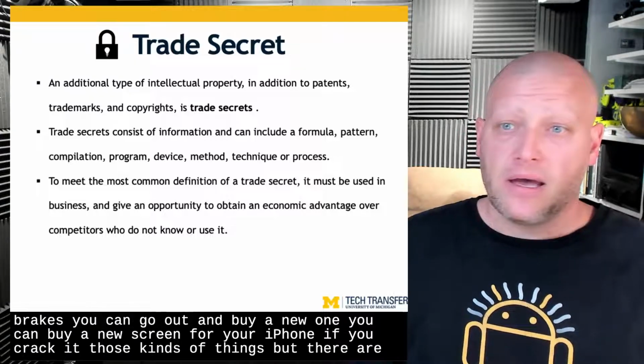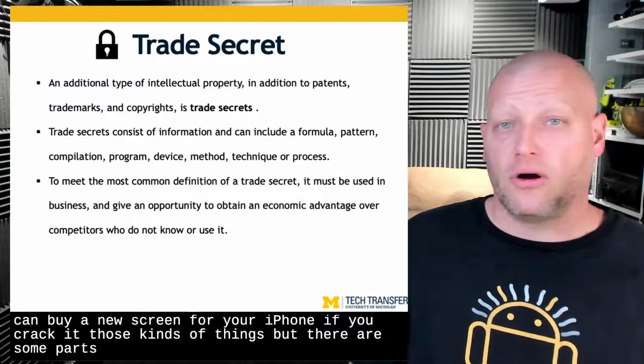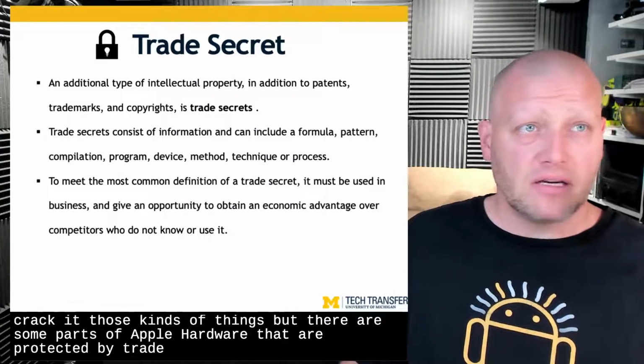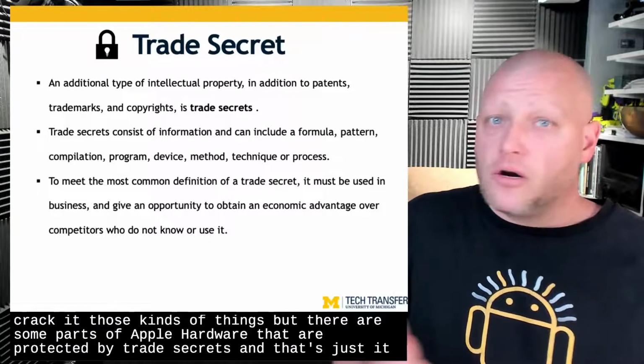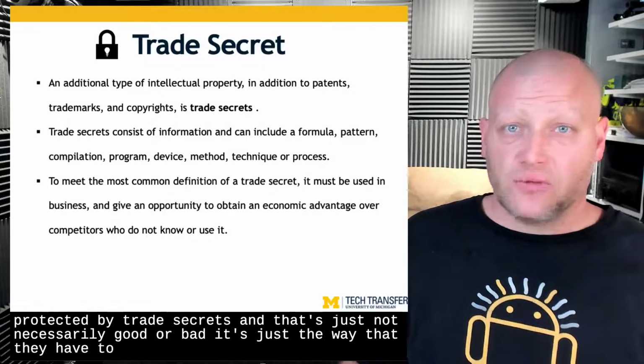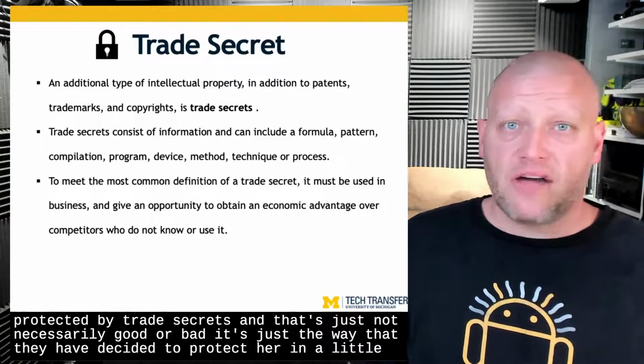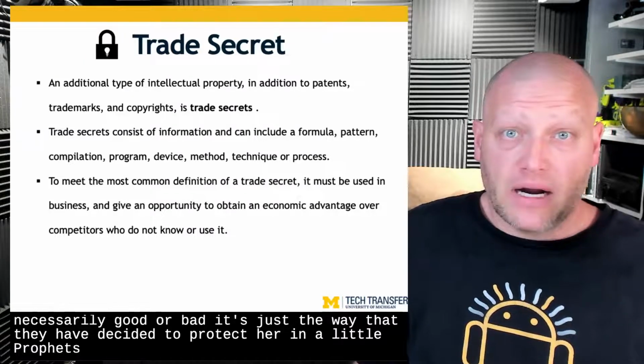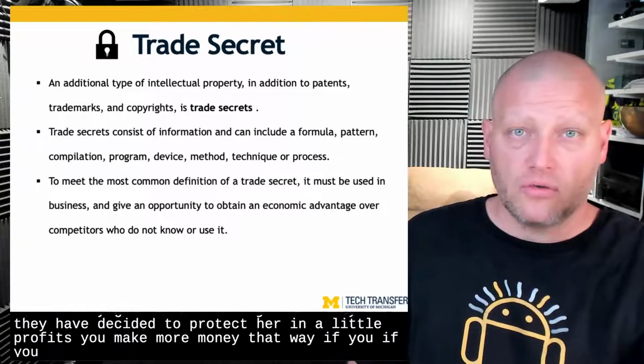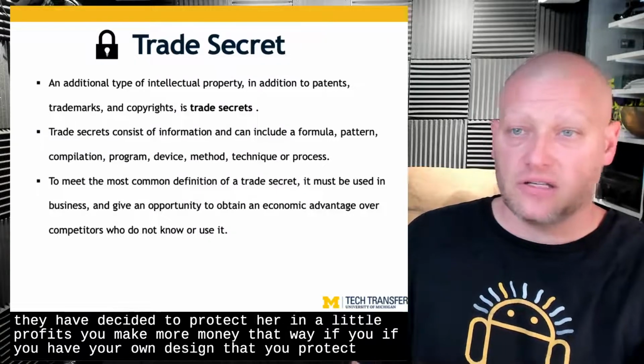But there are some parts of Apple hardware that are protected by trade secrets, and that's not necessarily good or bad. It's just the way they have decided to protect their intellectual property, and the way they've decided to make profits. You make more money that way if you have your own design that you protect via trade secrets.